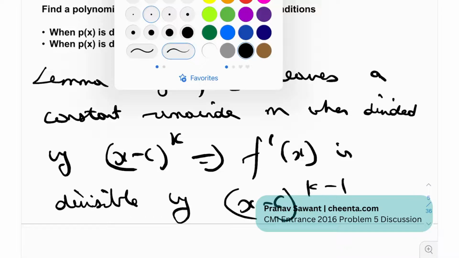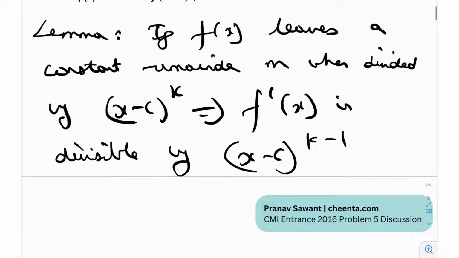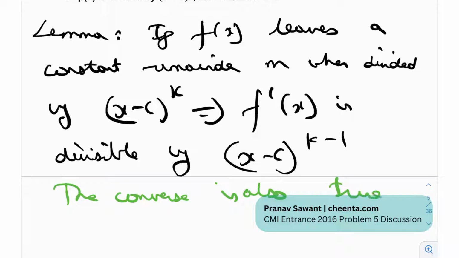And actually, an interesting thing is that the converse is also true. So this is the result of the theorem that I was talking to you about.